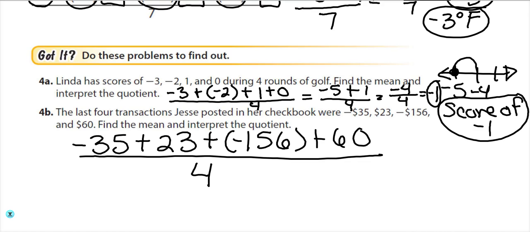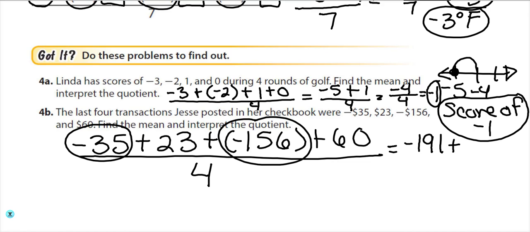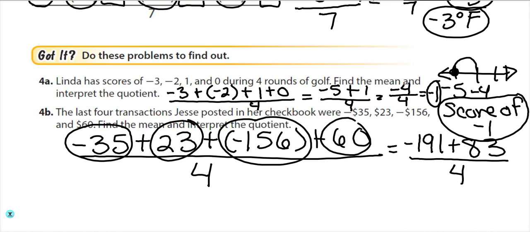All right, so let's group our negatives together. So I have negative 35, negative 156. So altogether, that should make a negative 191. Plus, and then I have 23 and 60, so that's going to make it 83. And then all that goes over 4.